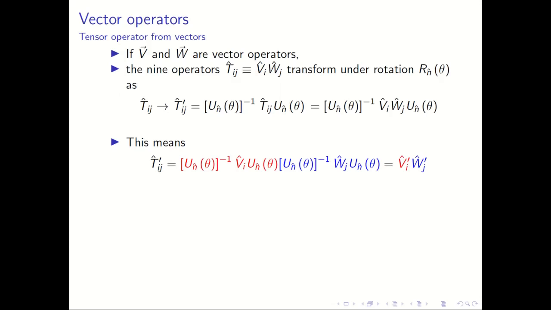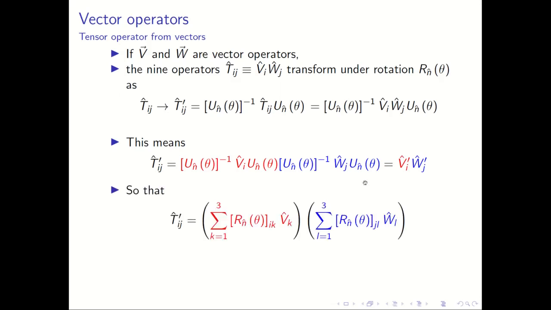And from the rules that we already have for vi prime and wj prime, vi prime is going to be this sum, wj prime is going to be this sum. But notice that here you have ik, here you have jl, as opposed to what you had in the previous case. There you had ik and il, and you also had a sum over i. Here you have no such sum over i, of course.